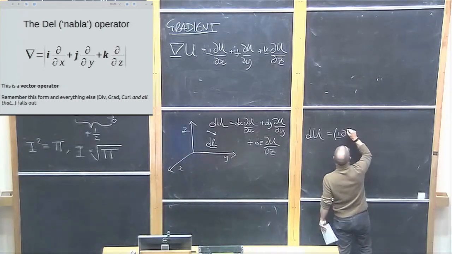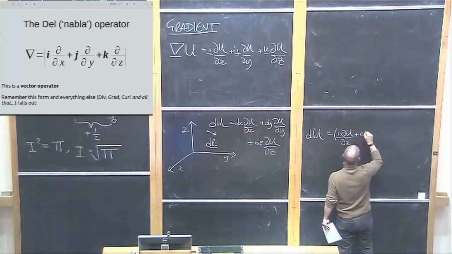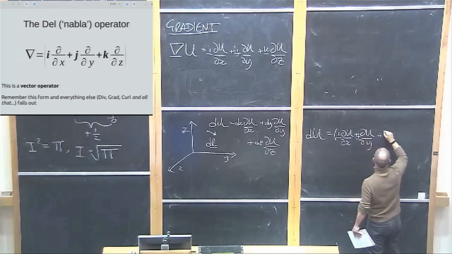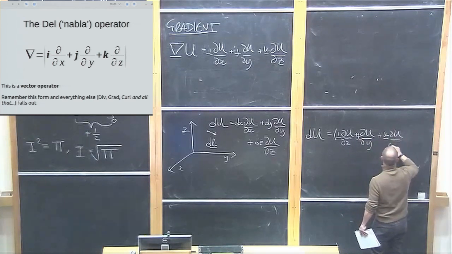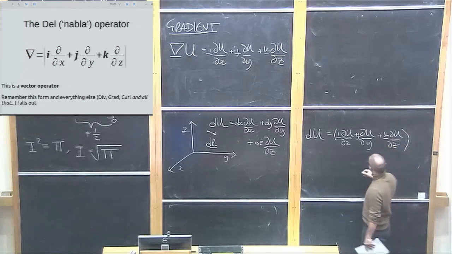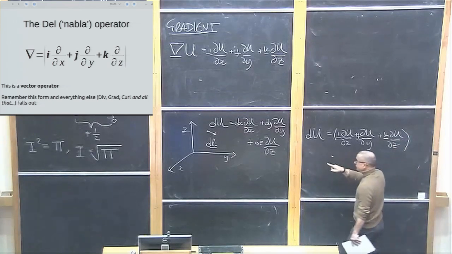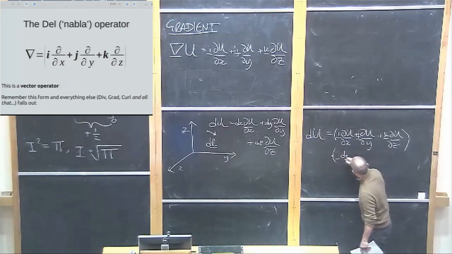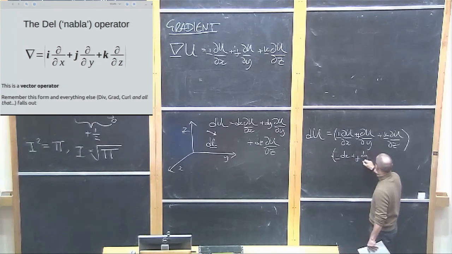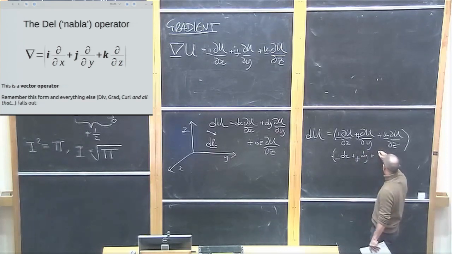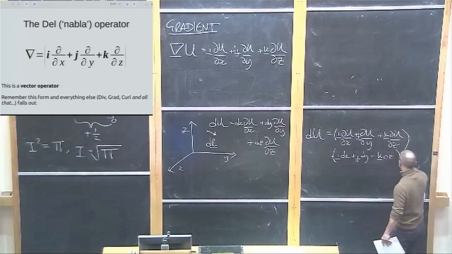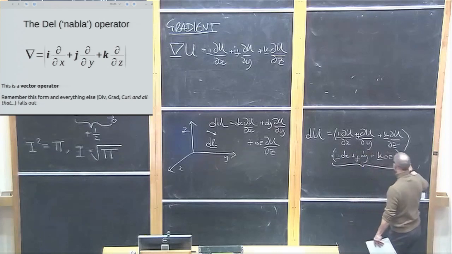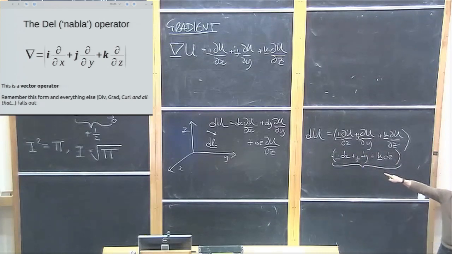The gradient is given by this, and if we dot product that with the small amount which we change in the x direction, plus the small amount which we change in the y direction, plus the small amount which we change in the k direction, where this vector I'm dot producting with is the dl in my sketch.